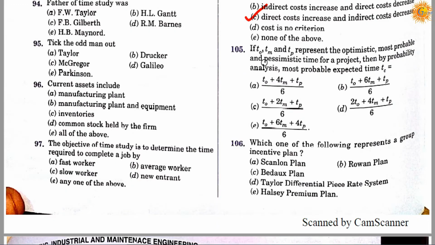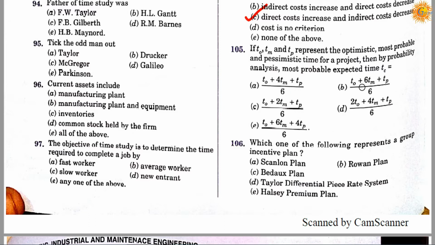Question number 105. If TO, TM and TP represent the optimistic, most probable and pessimistic time for a project, then by probability analysis most probable expected time TE will be option A, TO plus 4TM plus TP divided by 6.